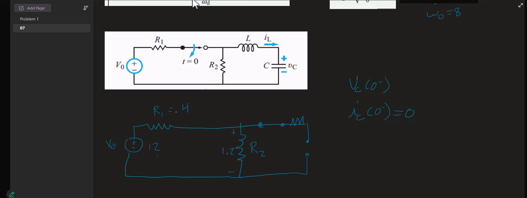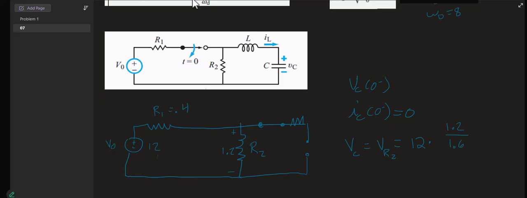But R1 is there, so that means the voltage across R2 is part of 12. So we start at 12 volts, we lose some as we go across R1, we lose the rest as we go across R2, and then we're back to 0. So V across the capacitor has to equal V across R2, which has to equal our total voltage change times the resistance of R2 over the sum of the two resistances, which is 1.6.